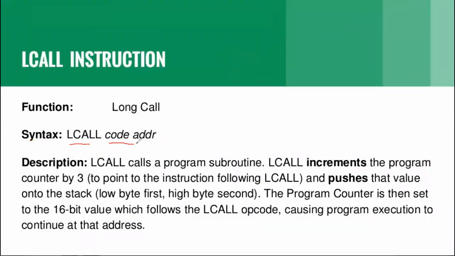So LCALL code address. Now the address is going to be 64 kilobytes. So I can jump from 0 to 64 kilo location. That is, the address bits can now be 16 bits.